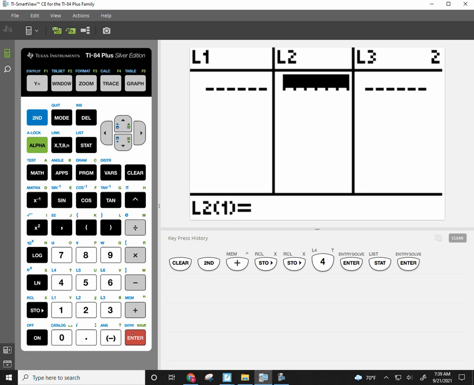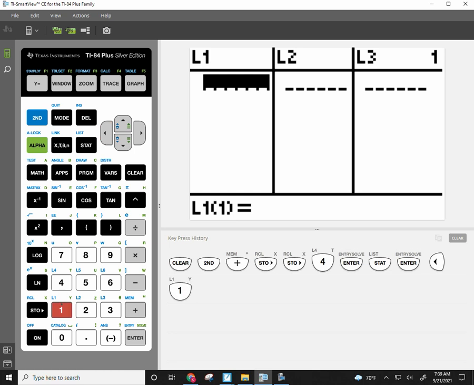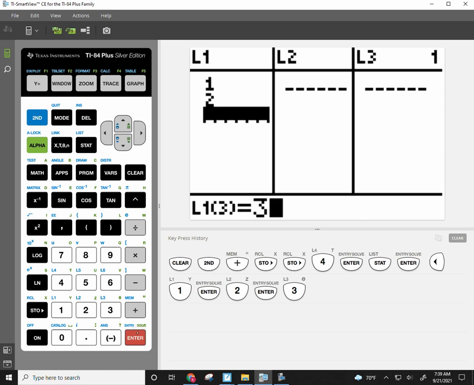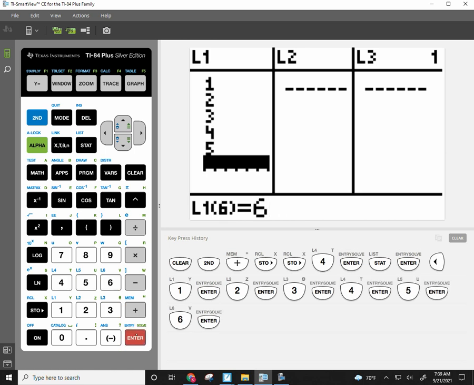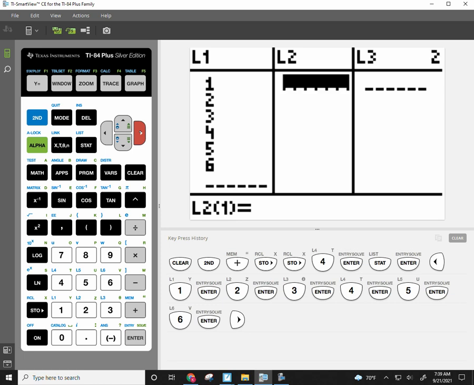In list 1, we're going to put all of our n's, our x values: 1, 2, 3, 4, 5, and 6. In list 2, we're going to put all of our y values, or in our case, f of n.